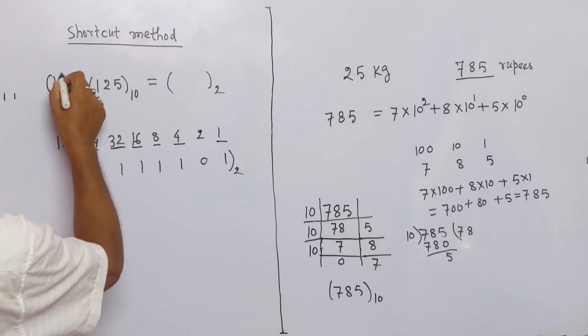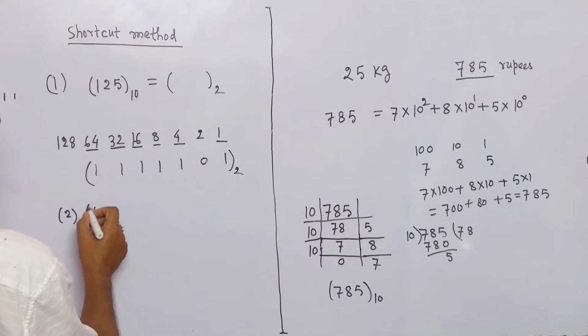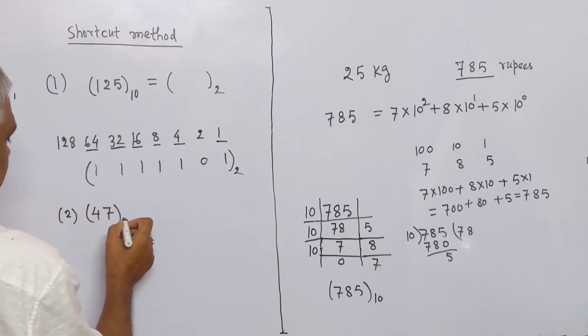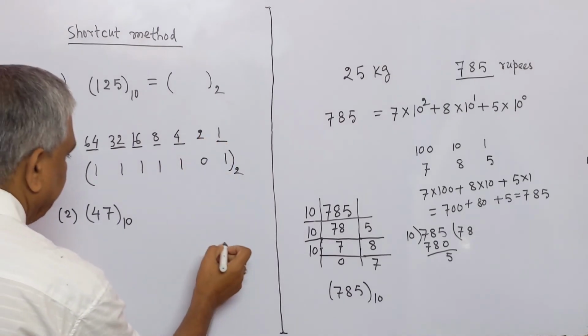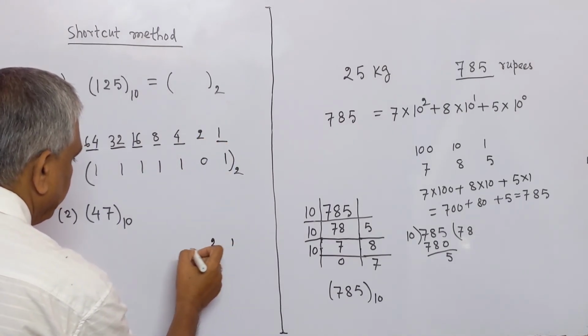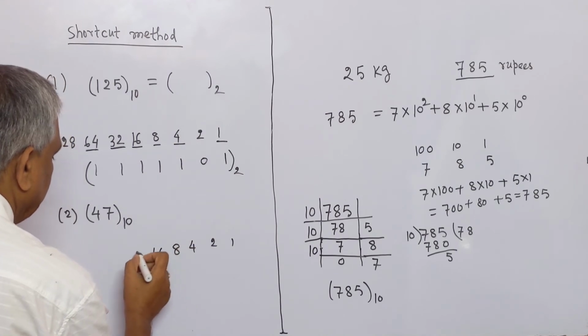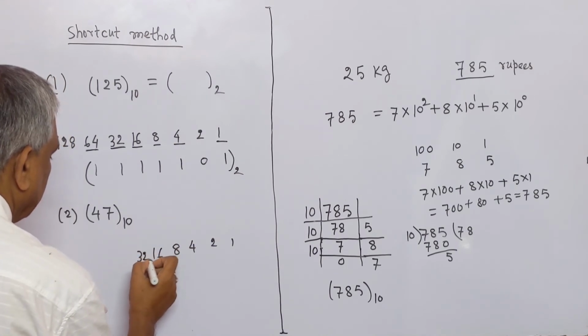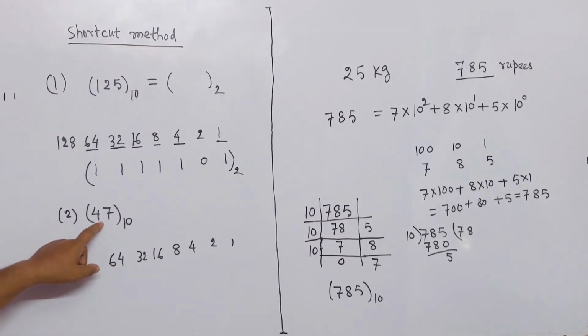This is number 1. Number 2, 47 in decimal system. So we start here writing 1, 2, 4, 8, 16, 32, 64. Here the number is 47.